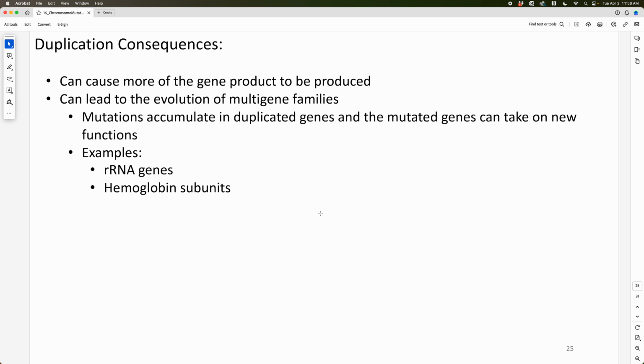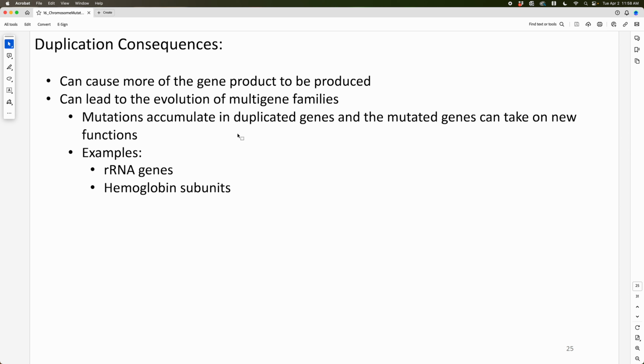So we can have duplication consequences that have a negative effect on the phenotype of the individual, but duplications can also have an important evolutionary effect that doesn't necessarily have to be negative. Duplications are why we have lots of copies of our RNA genes, for example, or gene families that have multiple genes that belong to them with slightly different functions.